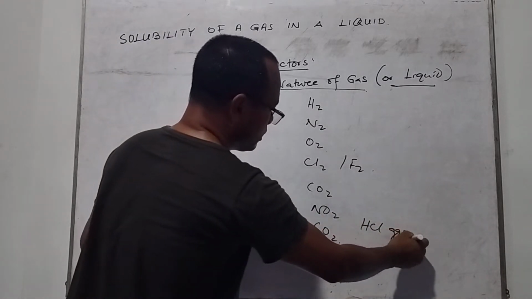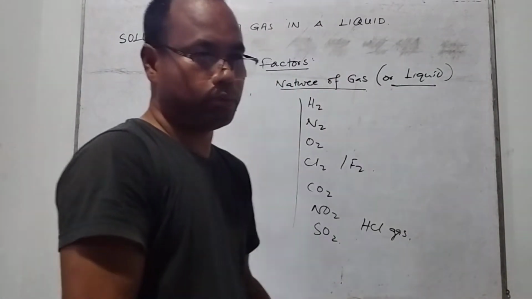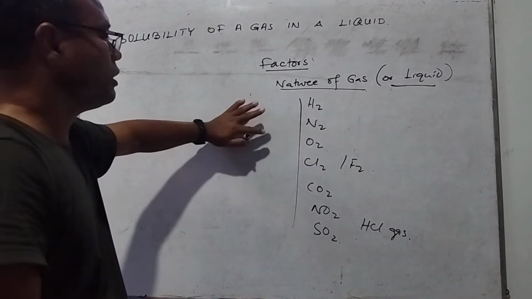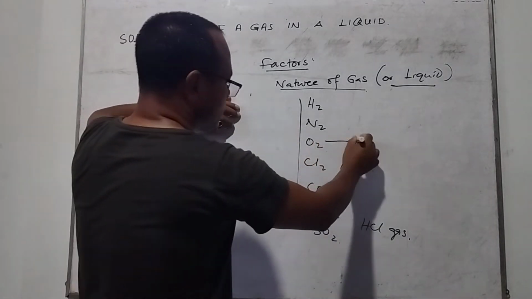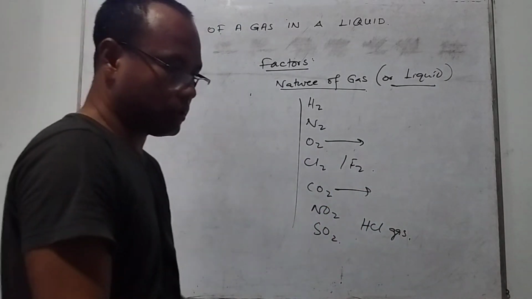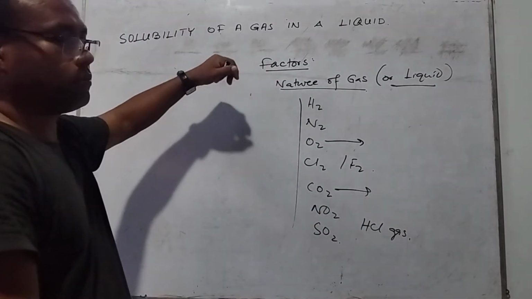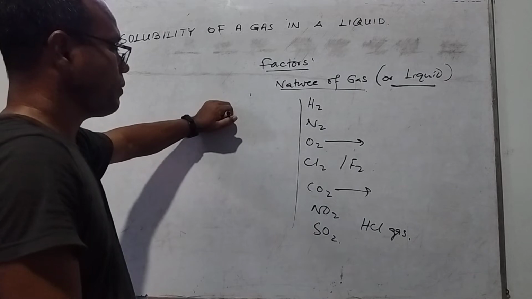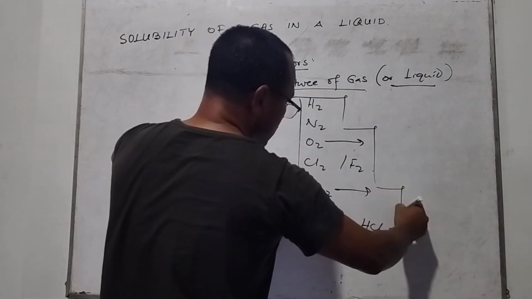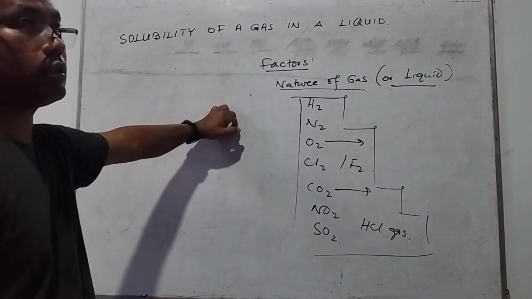These are also gases. The most abundant ones we can consider are oxygen, carbon dioxide, and sulfur dioxide, which is produced in industries. Different gases have different solubility in a particular solvent.